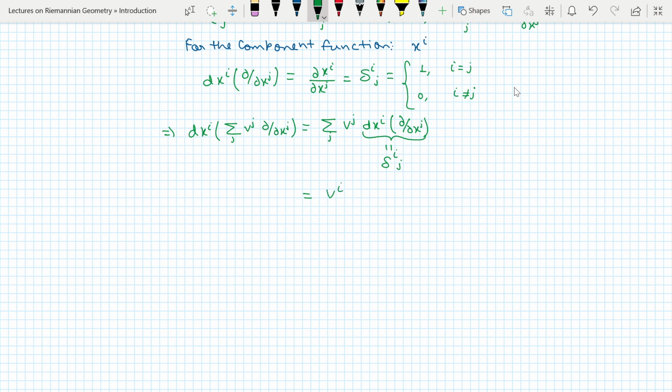So this is equal to vi. So you see what's happening? When you find the differential of the coordinate map and you operate on any vector, this gives you the ith component of that vector.